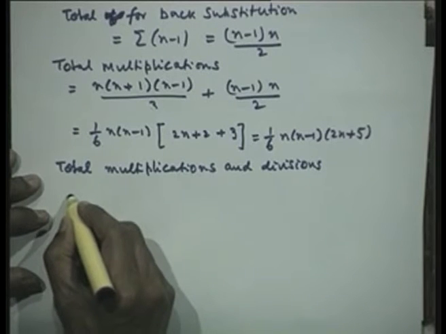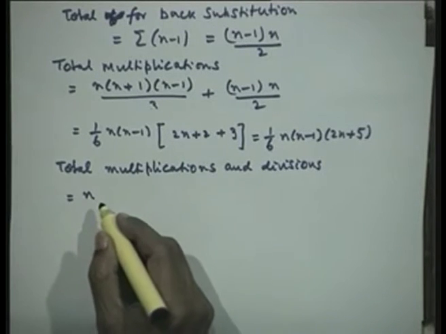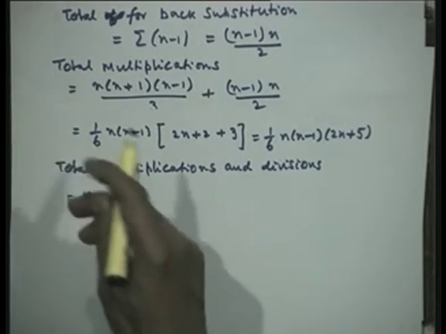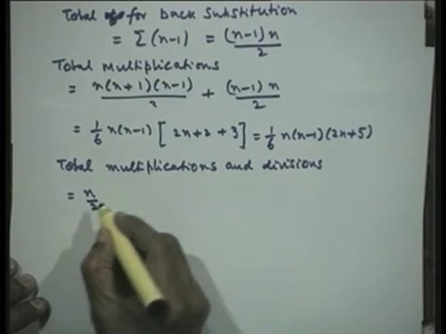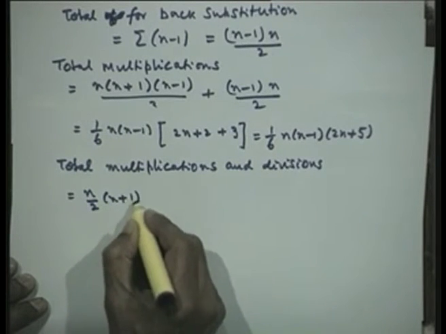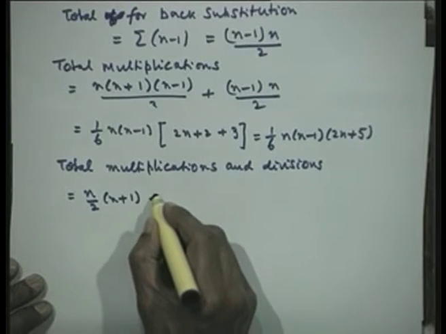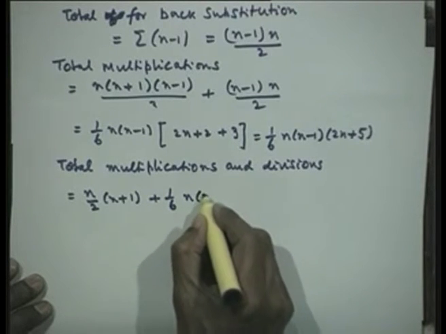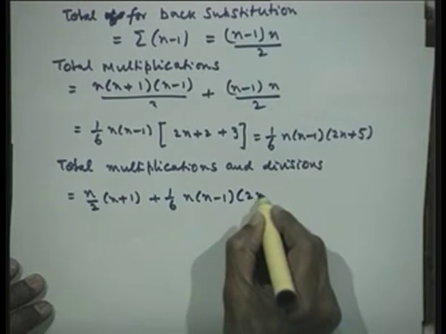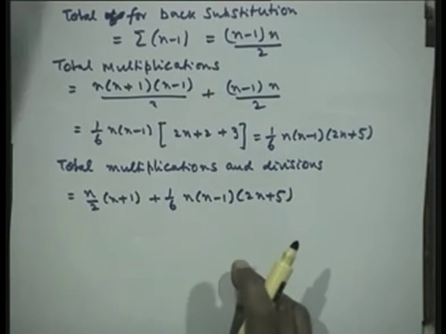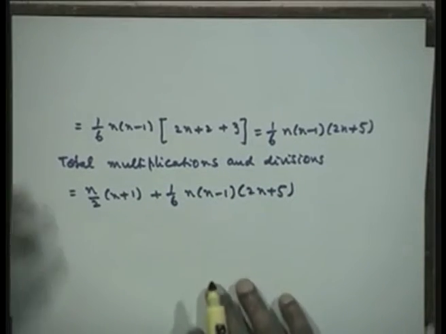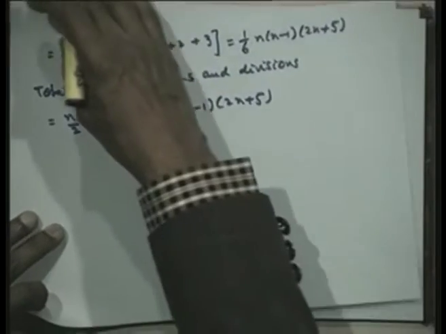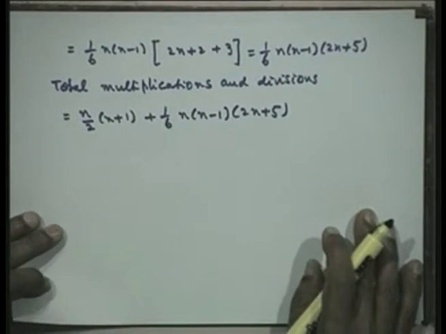The total divisions we have n into n plus 1 by 2, plus 1 by 6 n into n minus 1 into 2 n plus 5. So, this is our total multiplications and divisions.